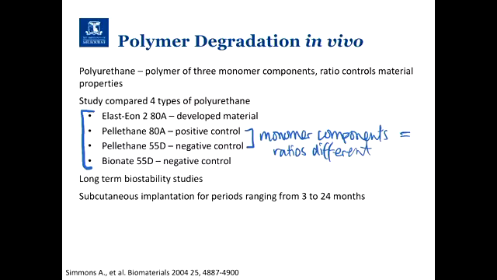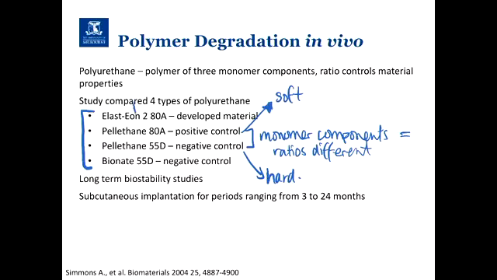So this one is very soft, and this one is very hard. The chemistry is kind of the same. By changing the ratio, you change the properties, but it has the same chemical.